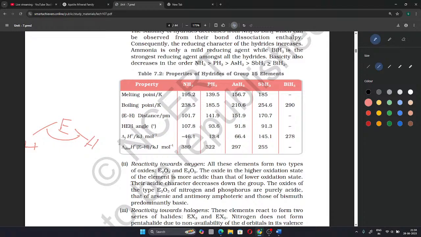This is delta formation enthalpy. Formation enthalpy is negative for ammonia, and it increases as we go down the group, with bismuth having the highest. And dissociation enthalpy, with ammonia having the highest dissociation enthalpy, which decreases as we go down the group. Okay.